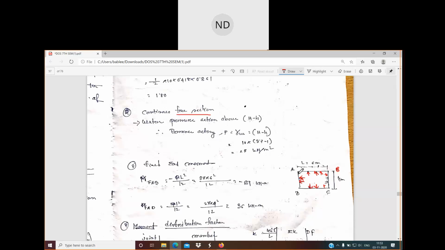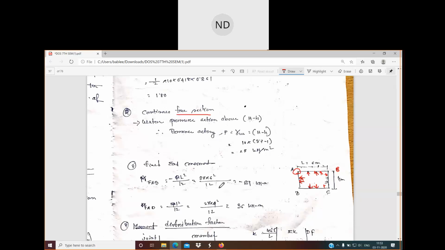We'll find out the fixed moment for AB, then AD, keeping this support A fixed. We are going to find out the fixed moment FAB, that means A is fixed and B is movable due to this water pressure. And your FAD, where A is fixed and D is moving.